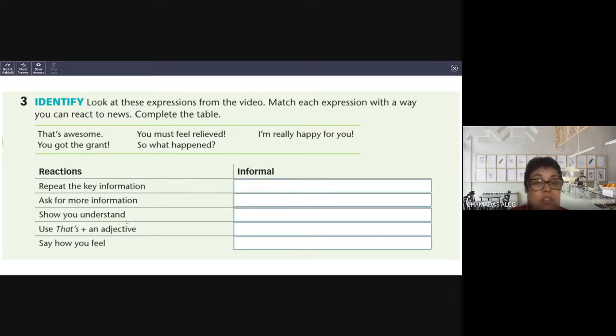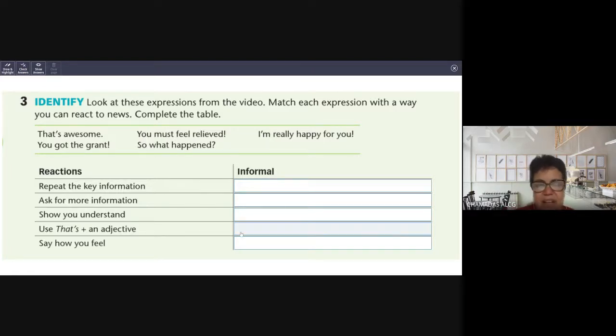Show you understand. Use that's plus an adjective. And the last one, say how you feel. So this one here is super simple. It's easy when we use that's plus an adjective.